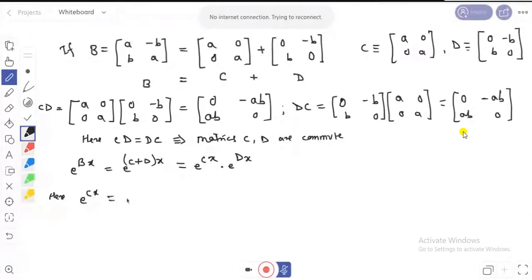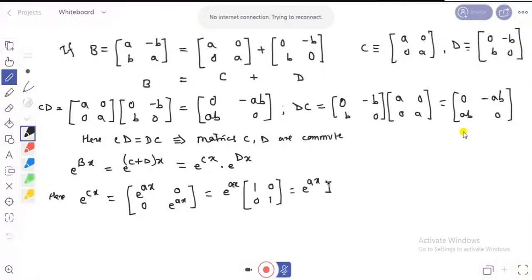Since this is a diagonal matrix, you know that this is e to the power ax 0 0 e to the power ax, or you can write this as e to the power ax if you take it common. So the entries are 1 0 0 1.